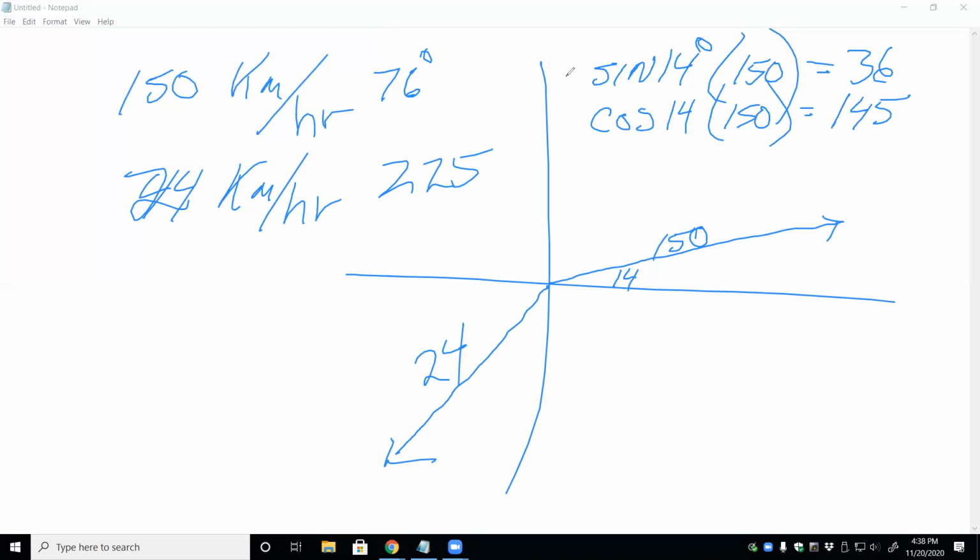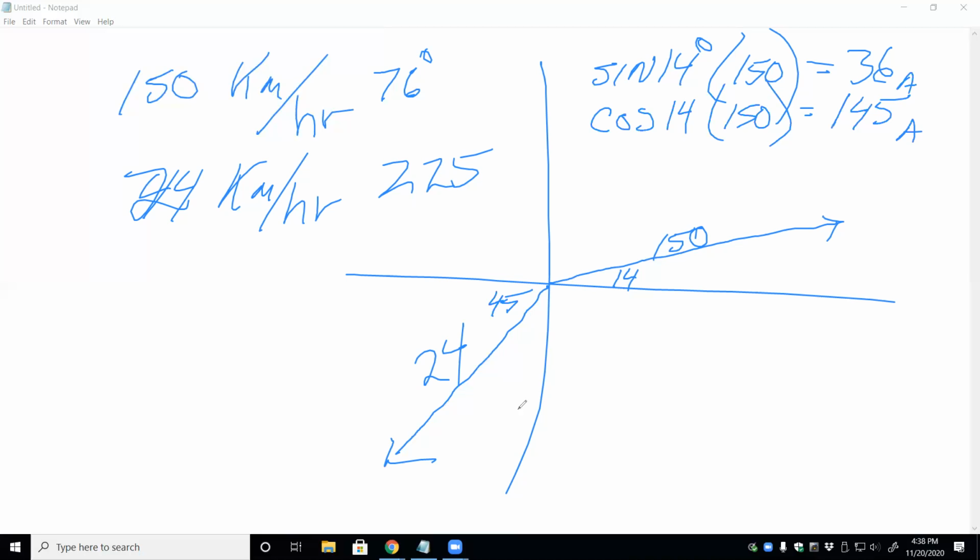Okay, now that is the airplane. Now let's do exactly the same thing for the wind. Same principle. The wind was at 225, so this is a 45-degree angle.